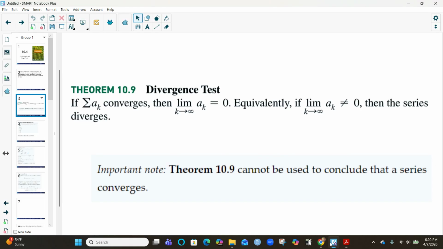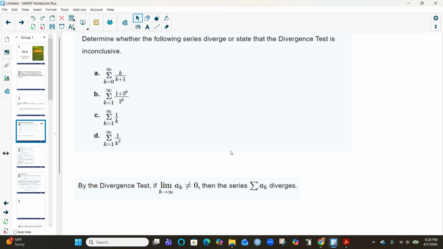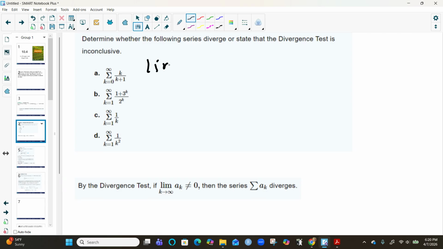So let's take a look at a couple of examples. It says determine whether the following series diverge or state that the divergence test is inconclusive. So if I look at the first one, letter A, now this one is one where you have to know your horizontal asymptote rules.